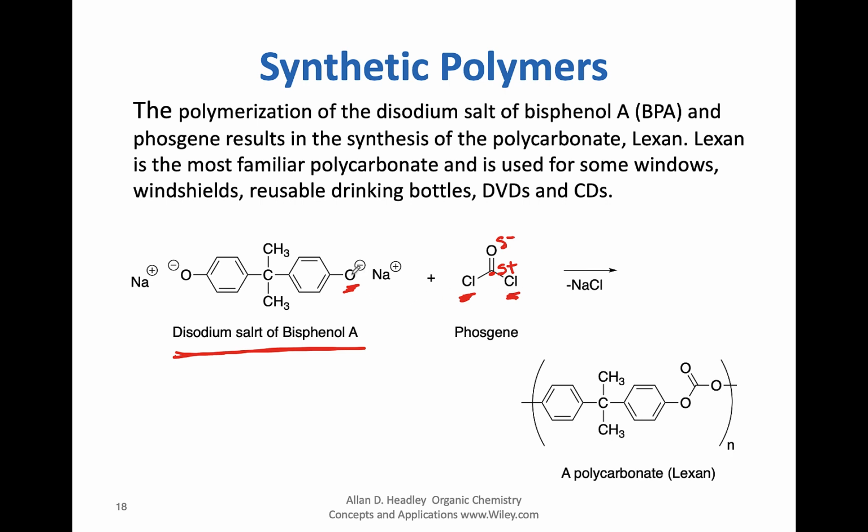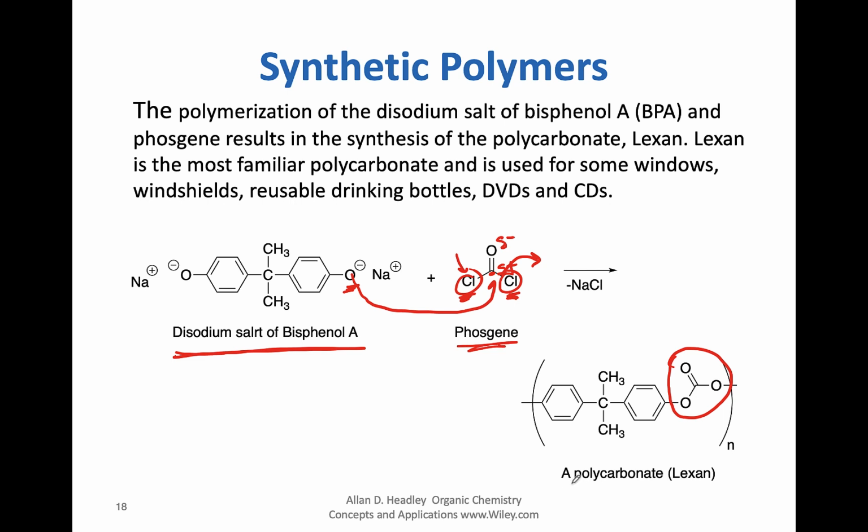So this would come in and kick out a chlorine. It still has another chlorine left, however. So you have another molecule coming in and bonded here to kick out this other chlorine. So we have what's called here a carbonate bond, because we have two good leaving groups bonded to one of the monomers, in this case phosgene.